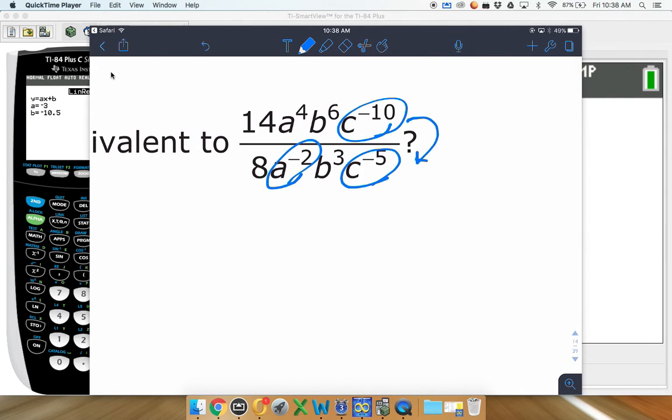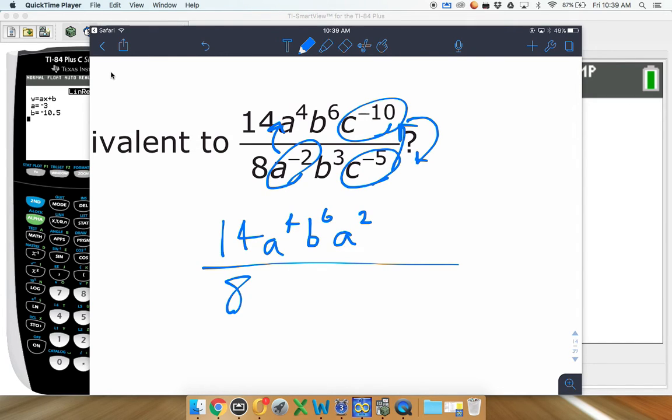If you're already divided, the opposite of dividing is like multiplying a bunch of times, so I'm going to put that up in the numerator. Essentially, if you have negative exponents, put it on the other side of your fraction. So I'm going to keep all the same stuff here: a to the 4th, b to the 6th. Then I'm going to put my new a, a to the positive 2.